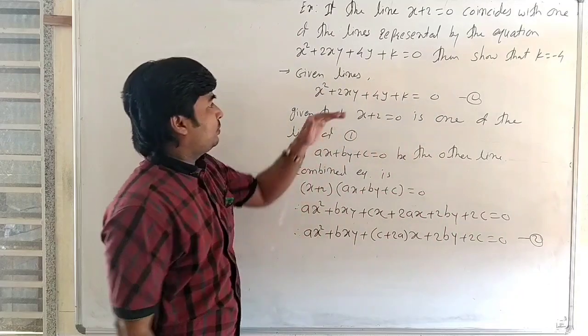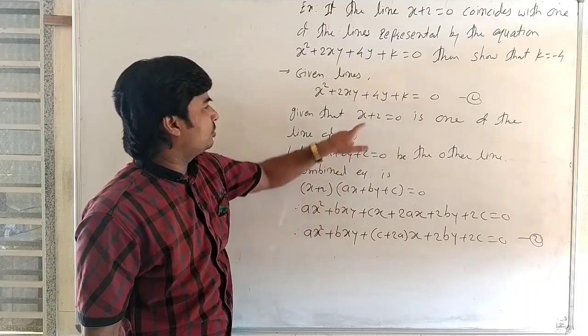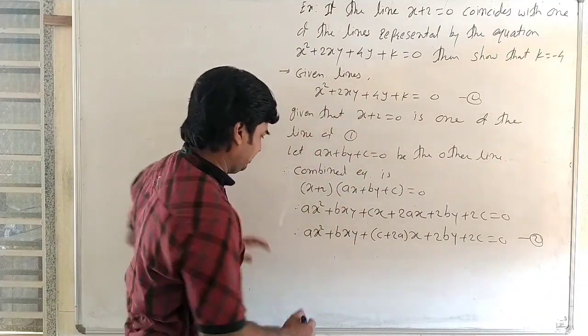Here, equation 1 is a combined equation of these two lines, and equation 2 is also the combined equation of these two lines. That means equation 1 and 2 represent the same line.